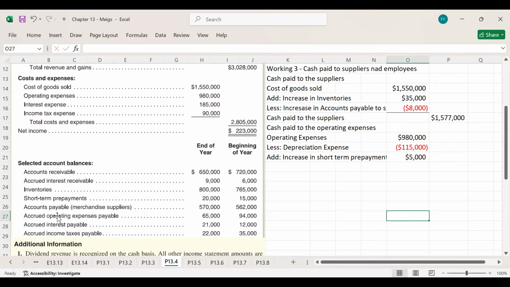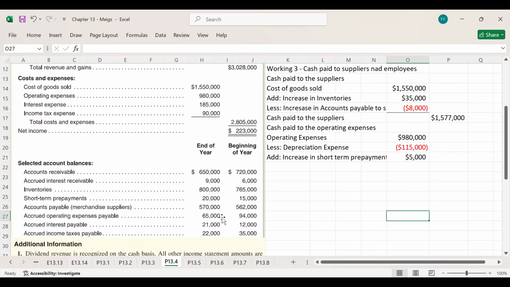The next one remaining is accrued operating expenses payable. This is the liability, and you can see there's a decrease from 95,000 to 65,000. This means the company had paid a portion of previously accrued expenses.